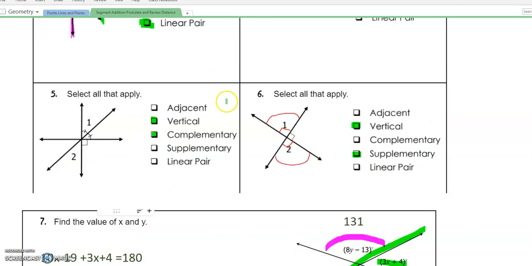Question 5 is interesting because there are a lot of marks here. You can see that angle 1 along with this adjacent angle form a right angle because it's the other side of this right angle that's marked right here.